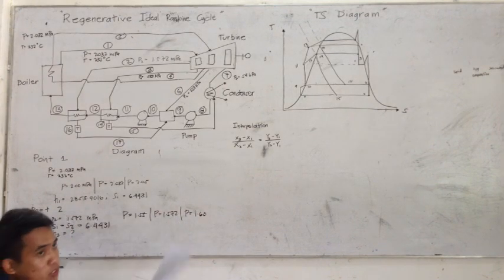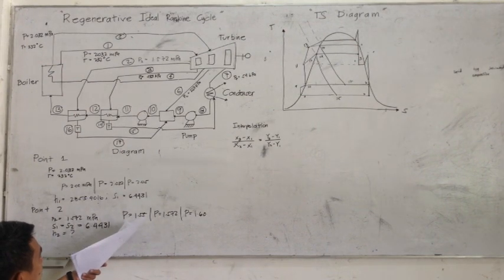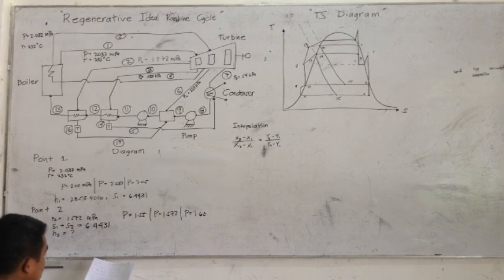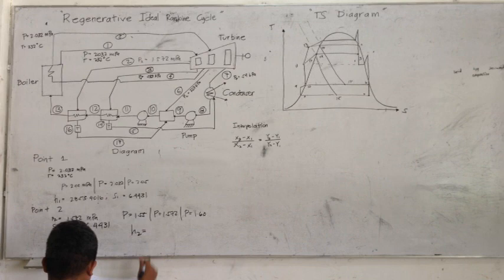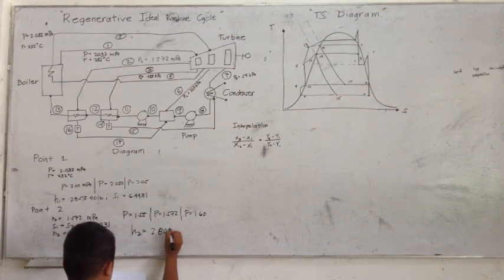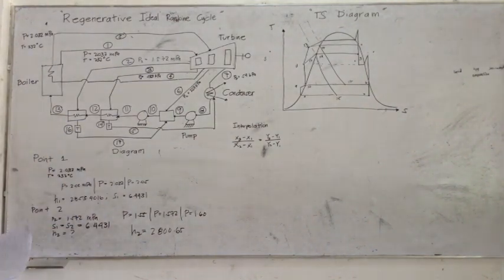Directly substituting, we get H2, which is 2,800.65. So we are finishing our pressure 2.